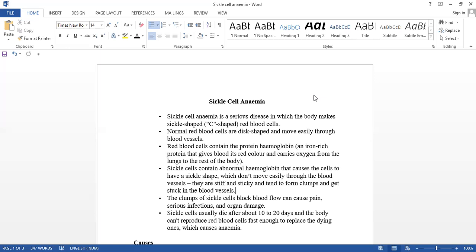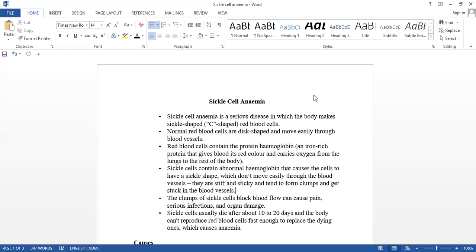Normally RBCs are disc shaped, but due to the formation of the sickle shape, they stick together, and they obstruct the flow of the blood.